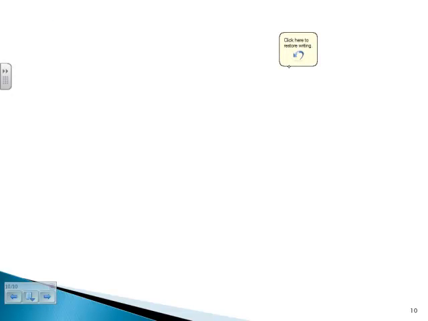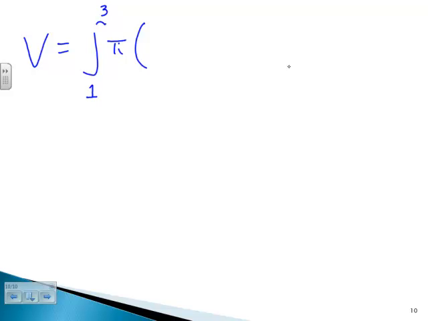So, to use the volume formula, we will have volume is equal to the antiderivative from 1 to 3 of pi times the function of y, 2 divided by y, squared with respect to y.